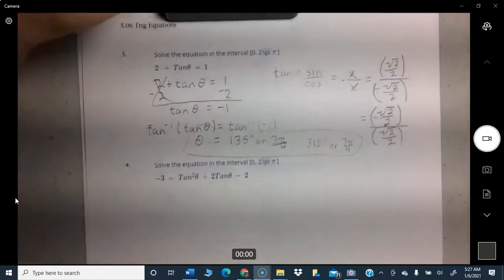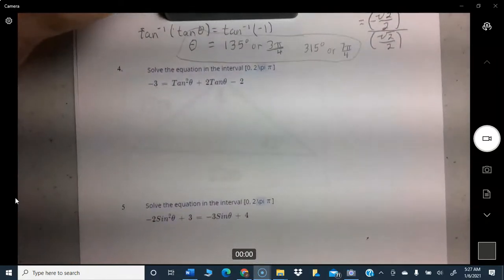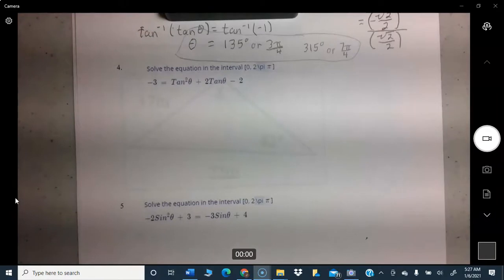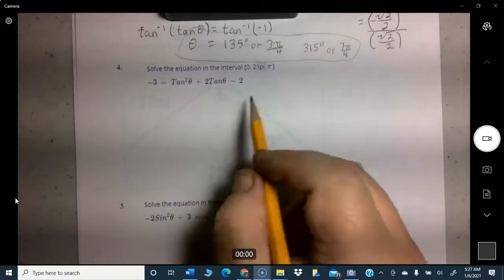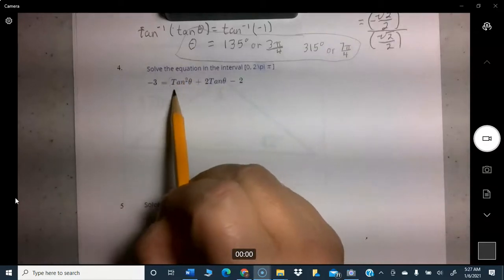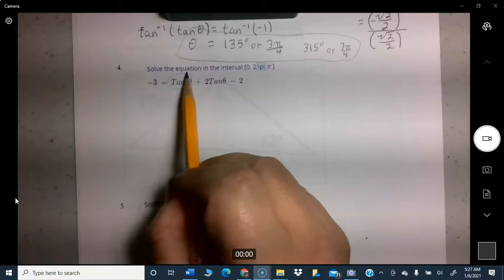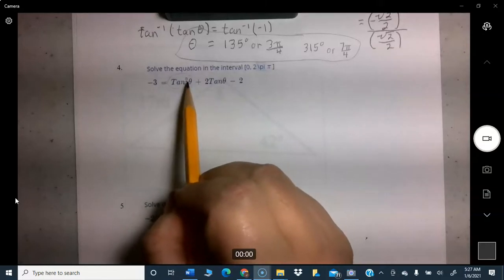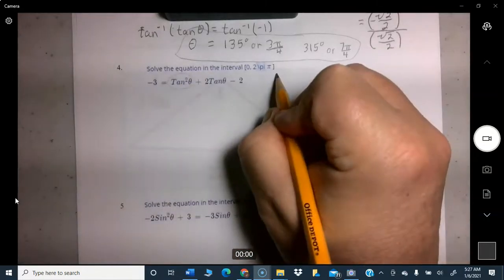Okay, now we get into ones a little trickier here. This is where you really are going to need the dummy variable, okay? All right, so you look at this, and first thing you have to understand about this term right here is it's tangent theta squared. That's the way you write it. So let me write that over here.